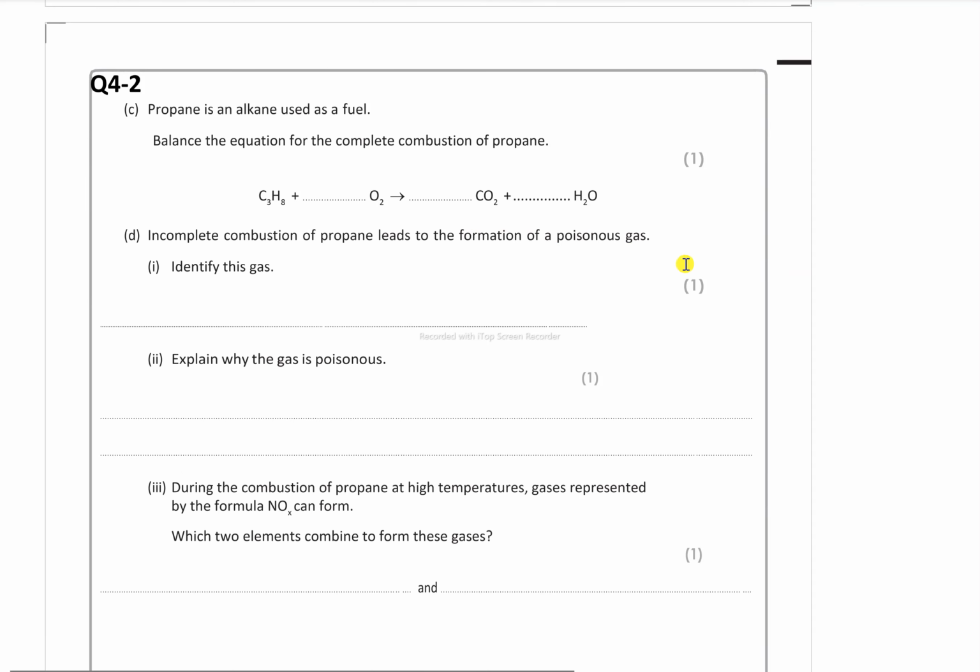Right, now this is going to be balancing. So look, this here. These are the reactants and these are the products. Combustion. Whenever you see the word combustion, think of oxygen. And remember, oxygen is something called a diatomic molecule.